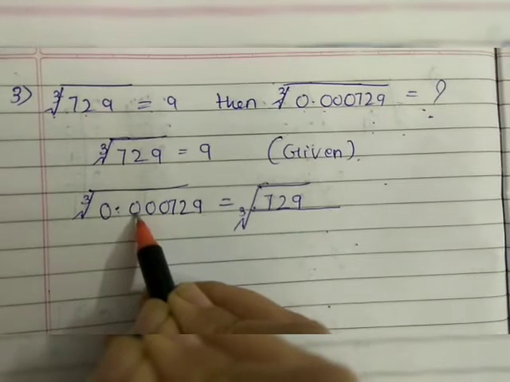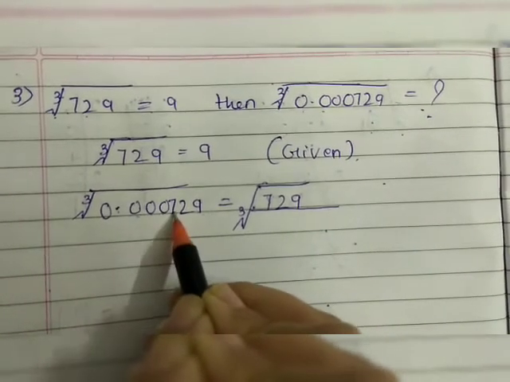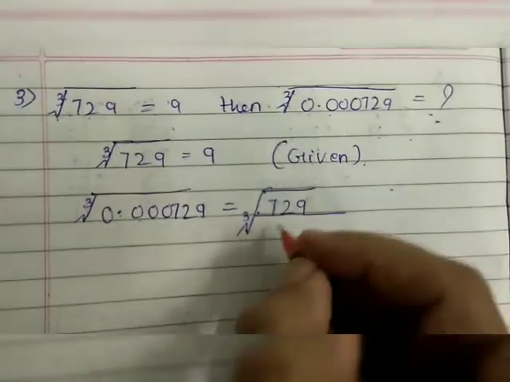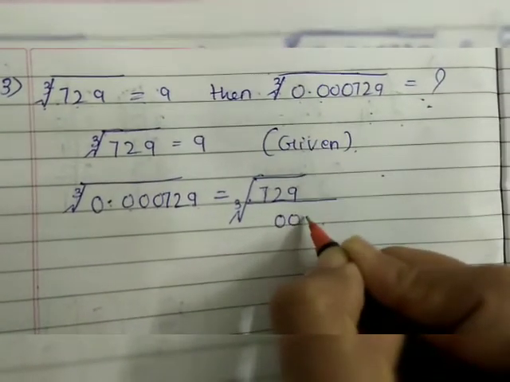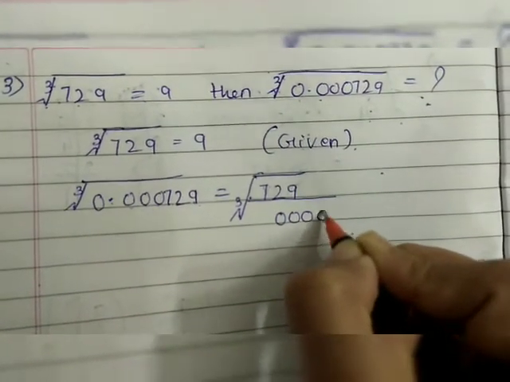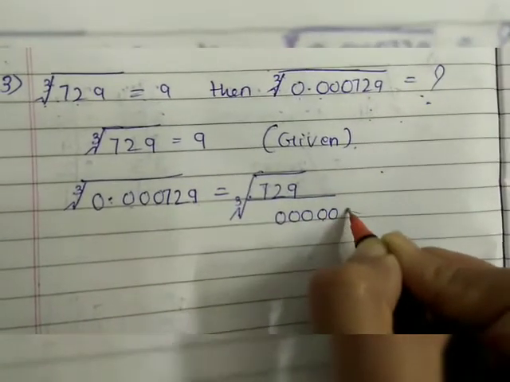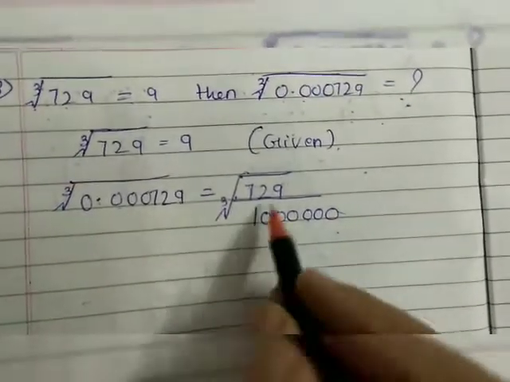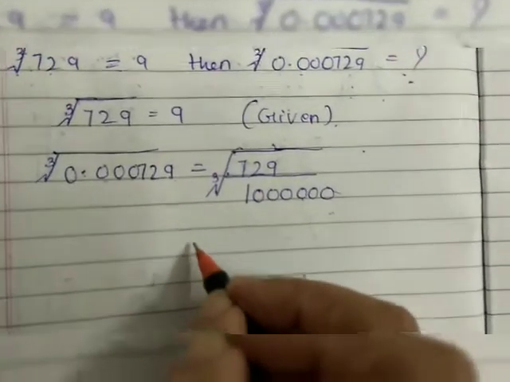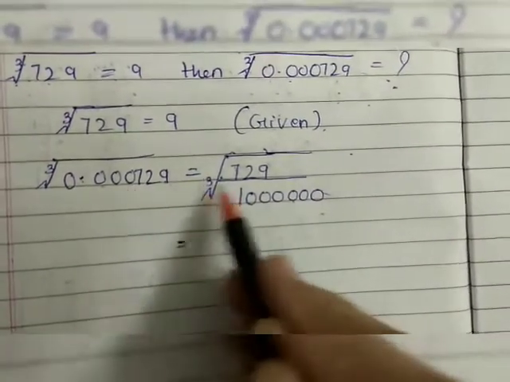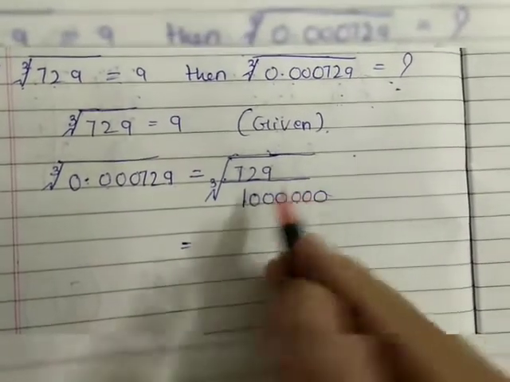So let us count. Here there are 1, 2, 3, 4, 5, 6. So 6 decimal places. So over here we'll write it down: 1, 2, 3, 4, 5 and 6. So this is how you will convert this in the form of a fraction. So this decimal number is converted in terms of fraction.